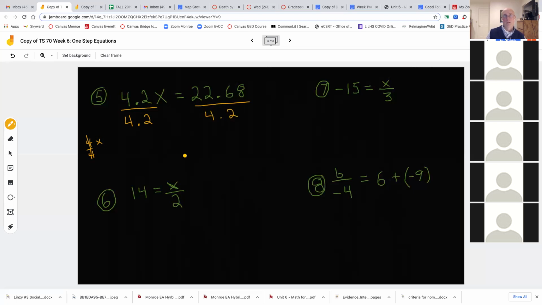So that's the fraction symbol. They're making it like a fraction. It's like you're dividing it, okay? What that does is that now the 4.2 gets canceled out because 4 into 4 is 1. So I now have x equals, okay? And then I got my calculator here, so you could use a calculator for this if you wanted to.